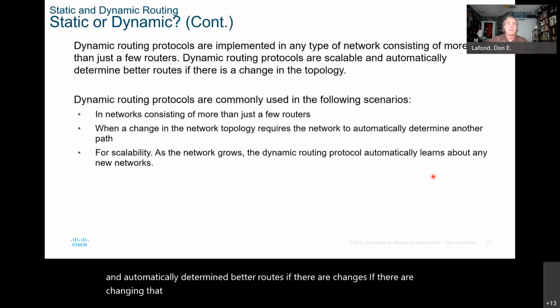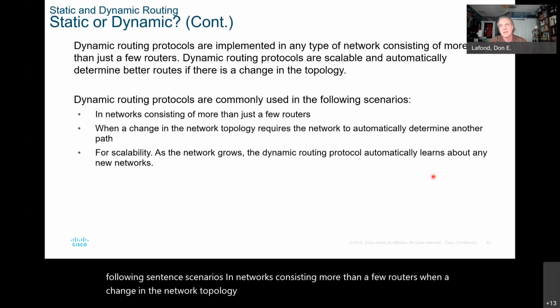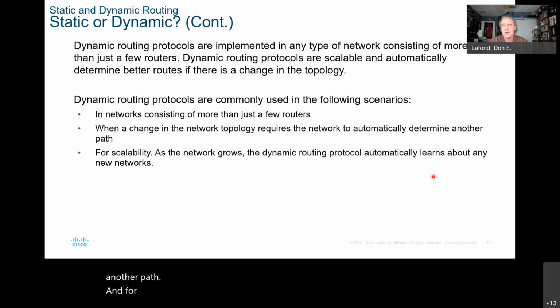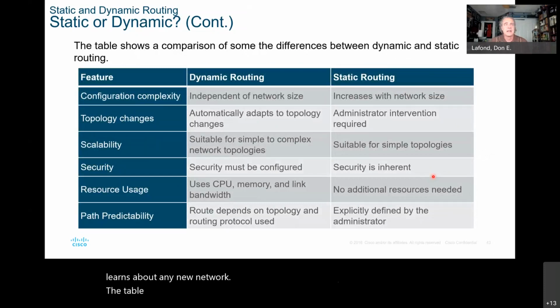They are commonly used in the following scenarios: in networks consisting of more than a few routers, when a change in the network topology requires the network to automatically determine another path, and for scalability. As networks grow, the dynamic routing protocol automatically learns about any new network. The table below shows a comparison between some of the differences between dynamic and static routing.